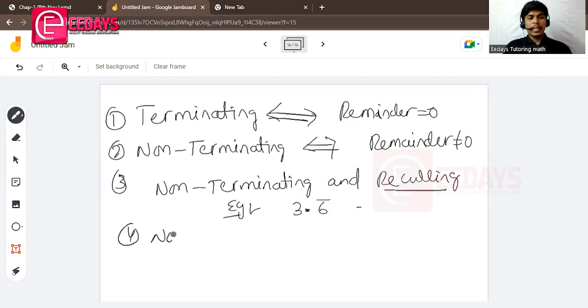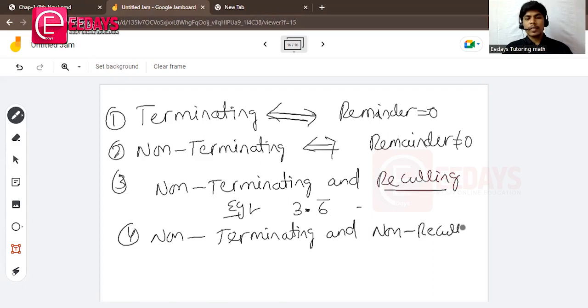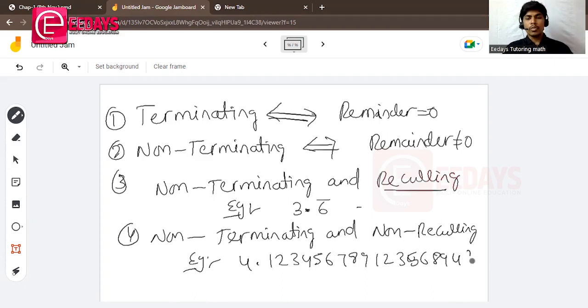And non-terminating and non-recurring. For example, the one from the previous question, 4.123456789, again 1, 2, 3, 5, 6, 8, 9, 4, 2.